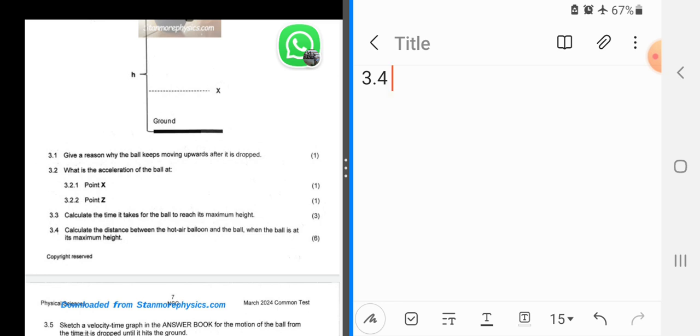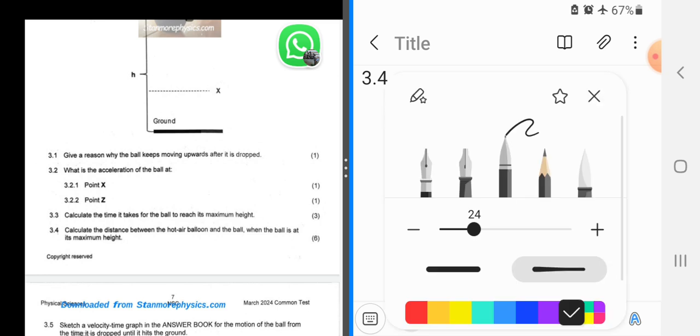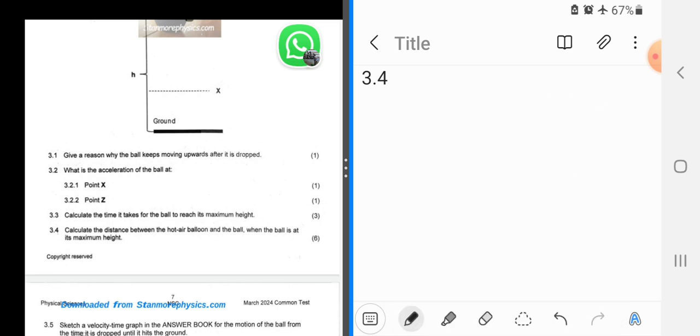So firstly, let's try to calculate displacement. We are going to take change in y as displacement.